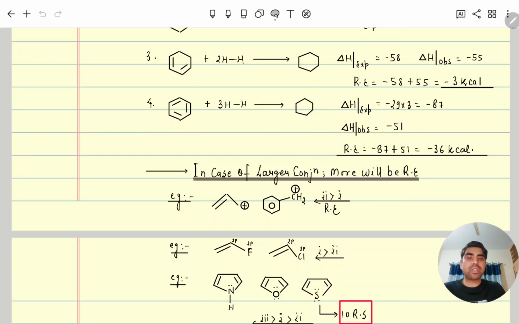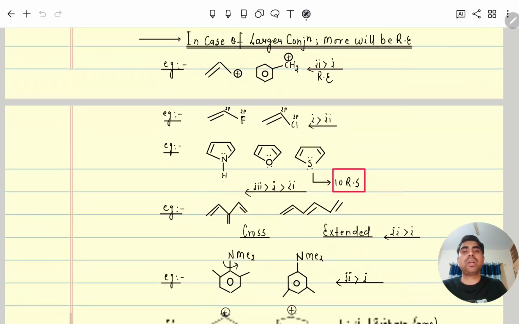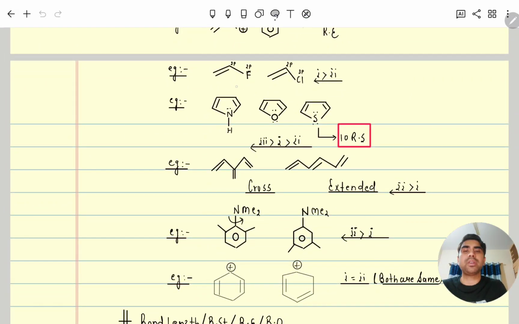Here you can see only two resonating structures, but here there are more resonating structures. More resonating structures means more resonance, which means more resonance energy. Next, moving further, here it has only two resonating structures, but here chlorine can give and chlorine can take also.